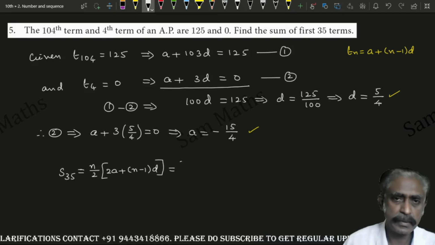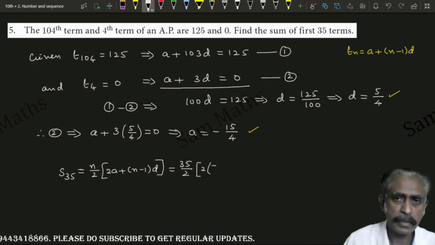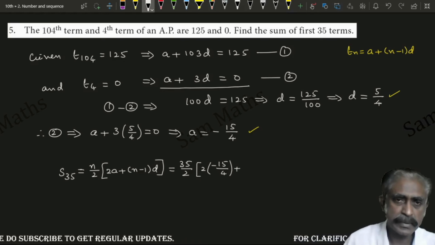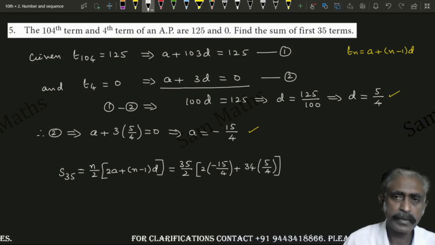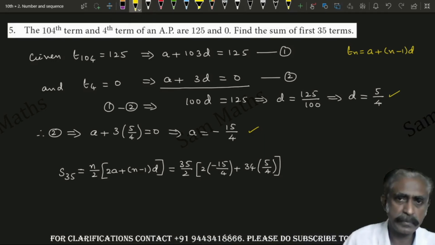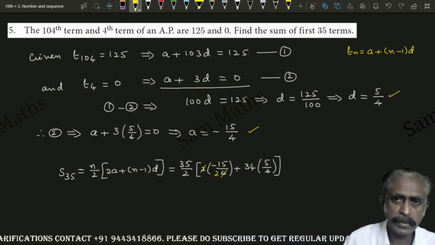Therefore, we are getting 35 by 2 into 2 into minus 15 by 4, A value, plus n minus 1, 35 minus 1 is 34, into 5 by 4. Clear, children? Here we can cancel some terms. This 2 and 4, it's 2 times. Like that, this is 2 and this is 17.